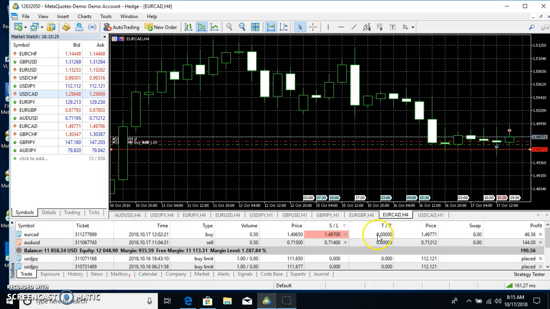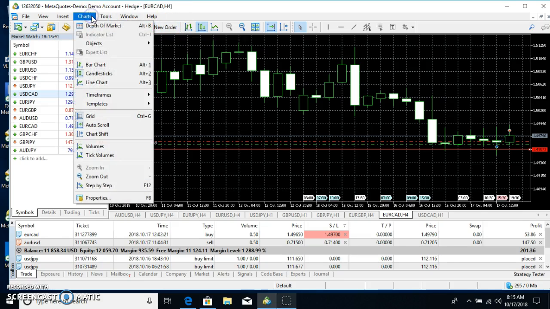Because it looks like it's coming down. It's only 10 pips in. Should really be taking it. Let me see. Really should be taking that profit. Because it looks like it's retracting. If I go to the hour chart, you will see.